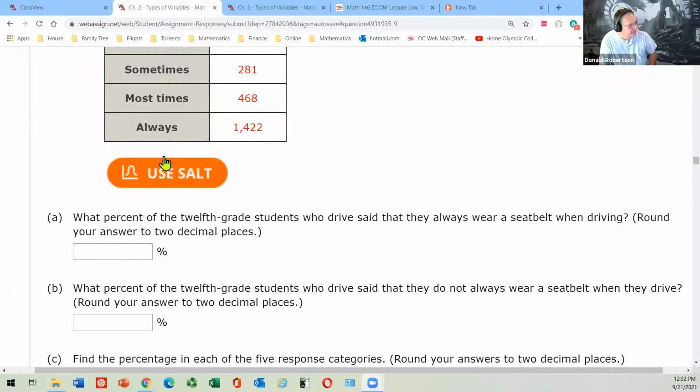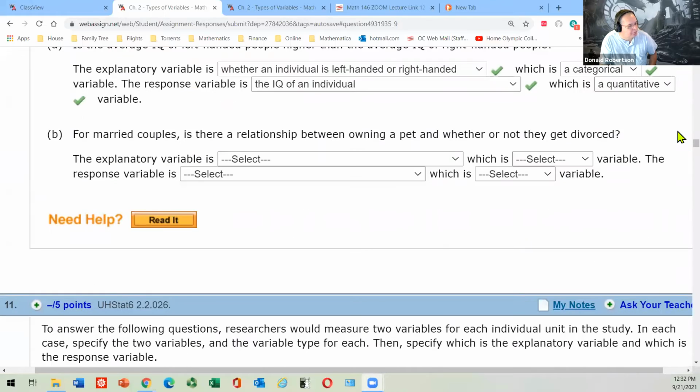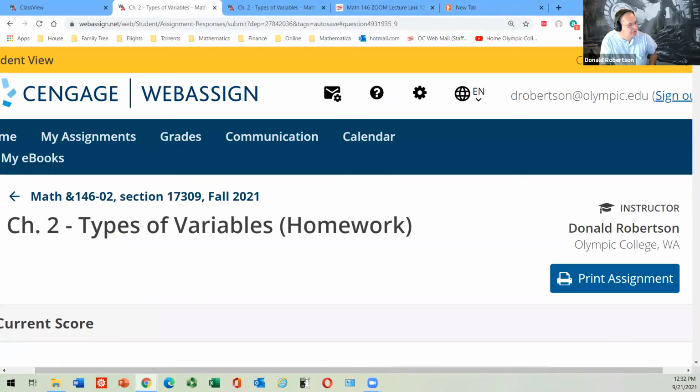Okay, so let's zoom over now and show you a cool little trick. Some questions have this little button called the salt button. I'm going to have to shrink this up a little.